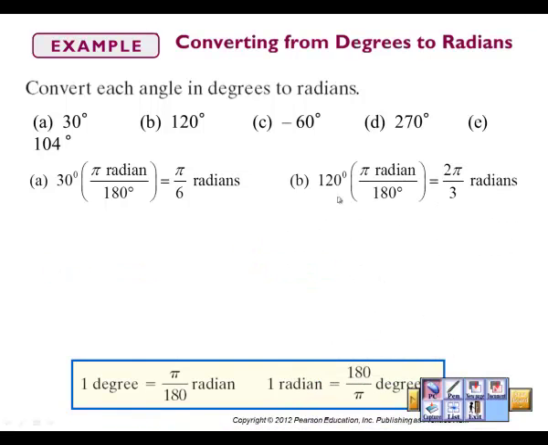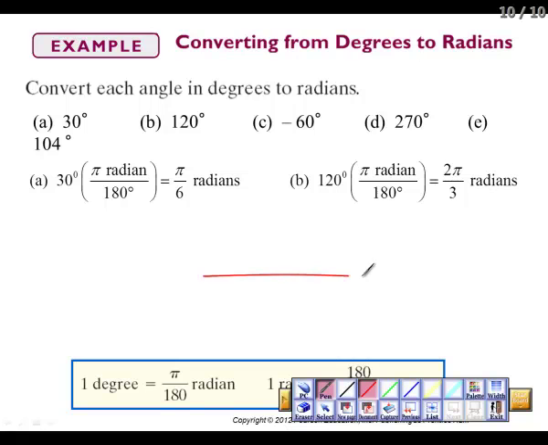So for B, again, we're going to cancel the degrees. We're going to have pi radians over 180. We get 2/3 pi radians. If we were to look at this on the unit circle, here's going to be 120. Here's 90. Here's 180 degrees.